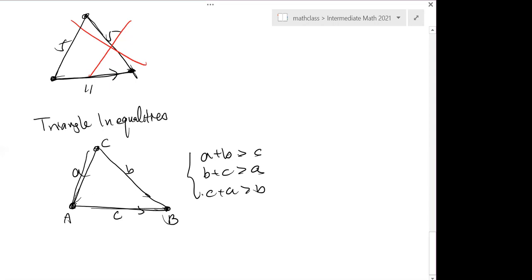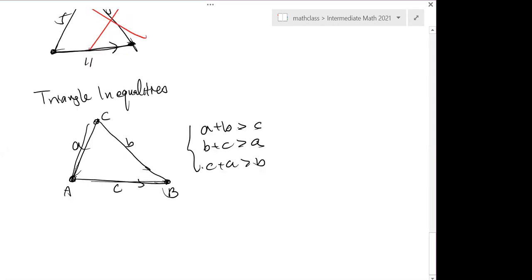But if you do not go along the straight line, it's longer, right? So that's why A plus B should be larger than C.